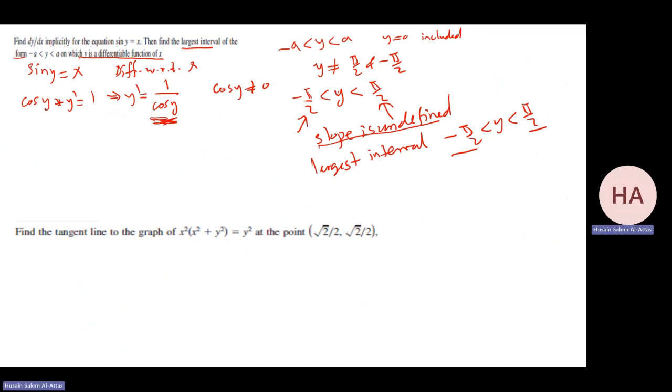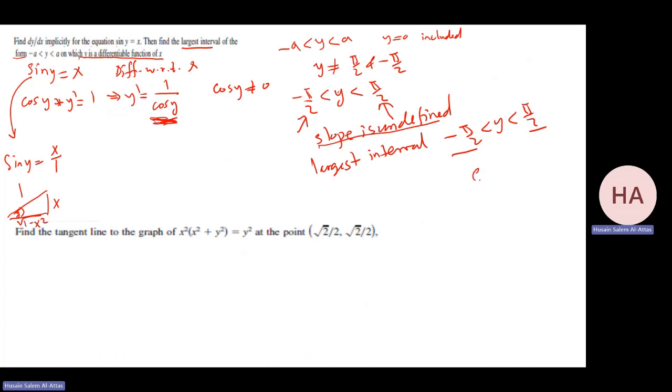So now we notice something more. Can I find cosine y in terms of x? Yes. Since we know from this that sine of the angle y is x over 1. So if I have an angle y, that will be x over 1, and the other side will be square root of 1 minus x squared.